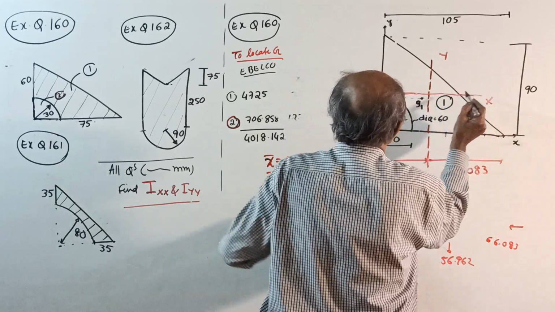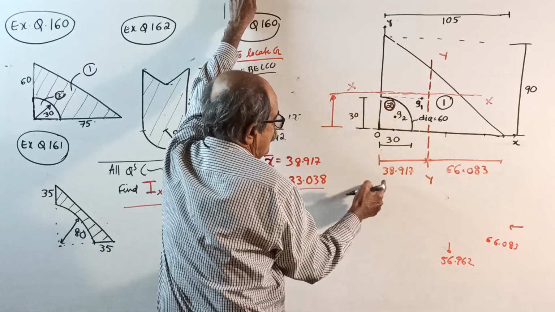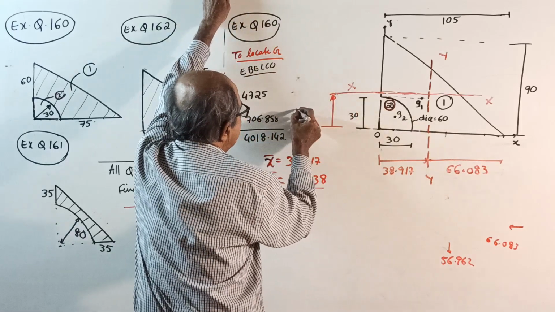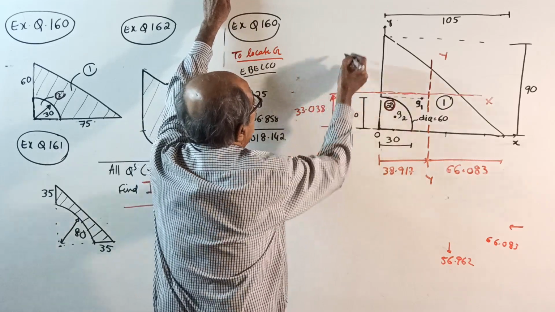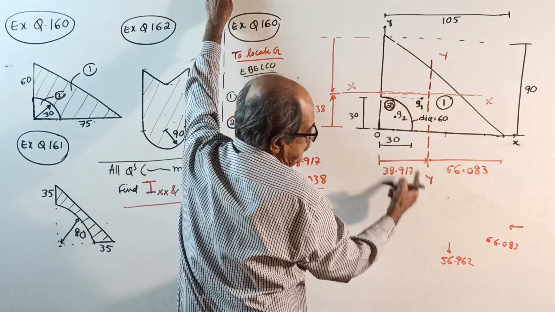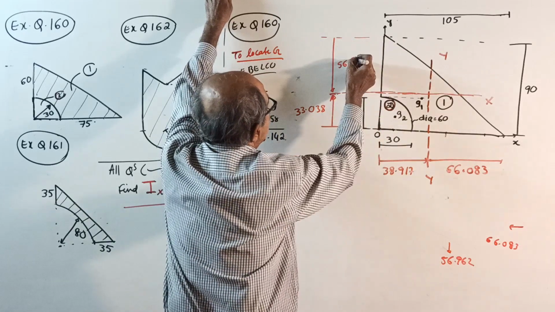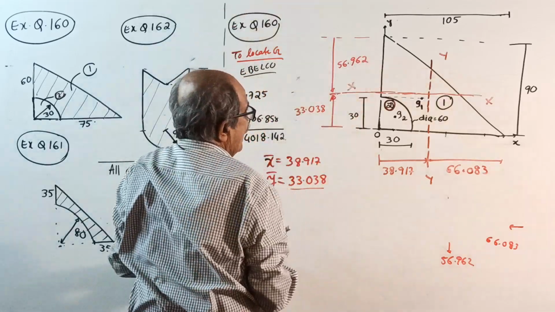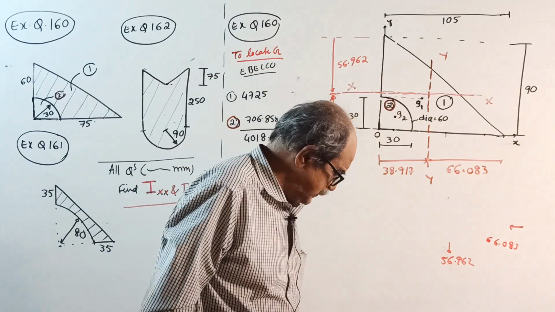Okay, X. This distance is your Y bar, how much? 33.038. From the topmost edge up to here will be total 90, so 56.962.